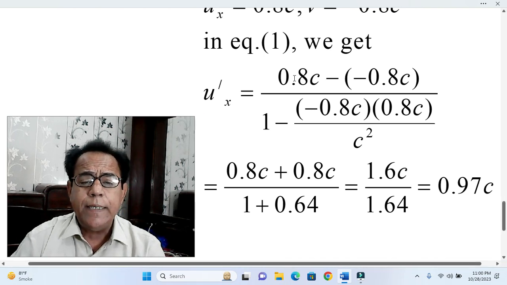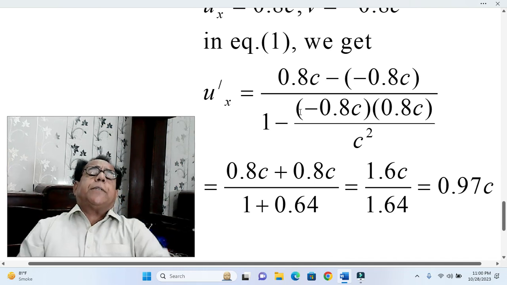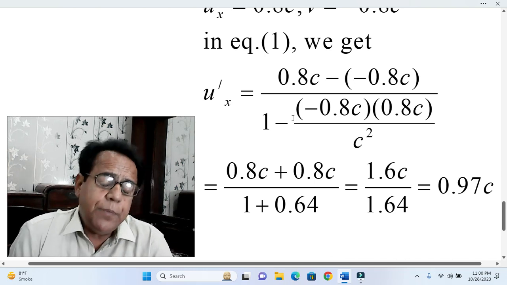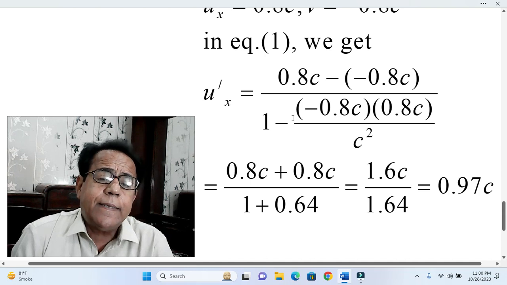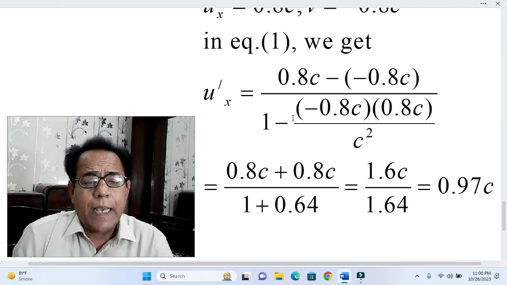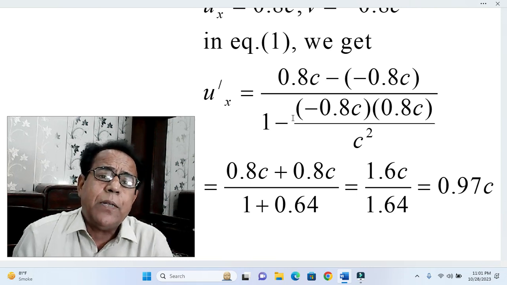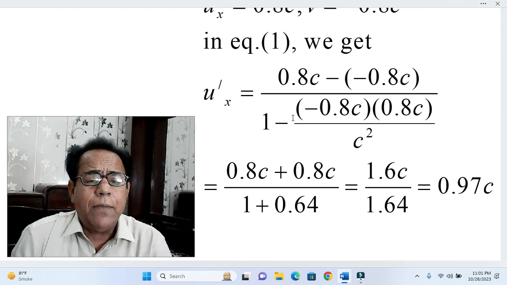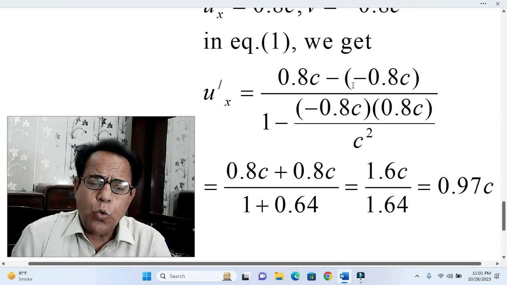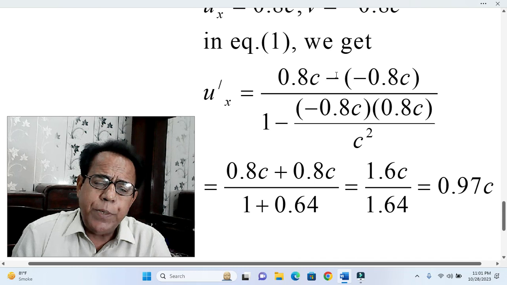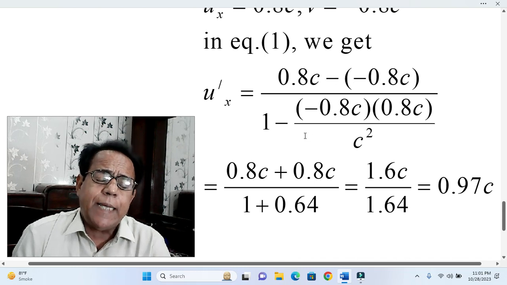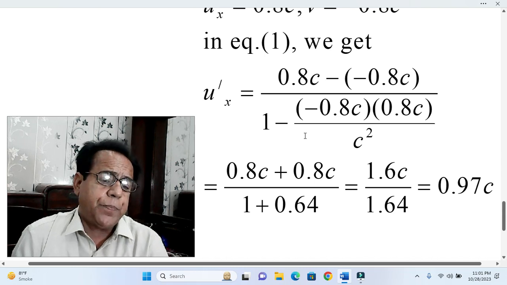Dear students, in the numerator these two will be added because minus is being multiplied with minus, and we know that when multiplying signs are similar, the result is always positive, while when multiplying signs are different, the result is always negative. So in the numerator as well as in the denominator, the plus sign will prevail.